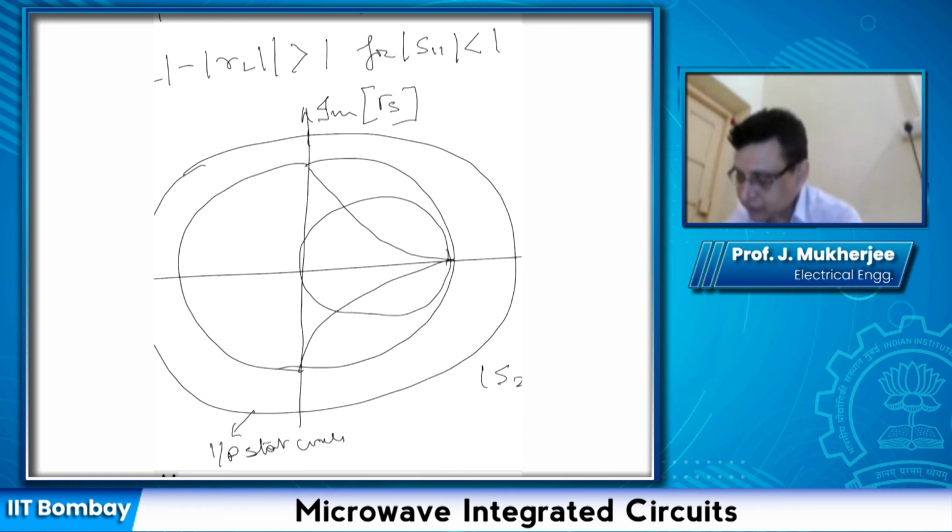So here also, even though mod CS is equal to 0, since RS, the radius of the input stability circle, is greater than 1, this also represents unconditional stability.